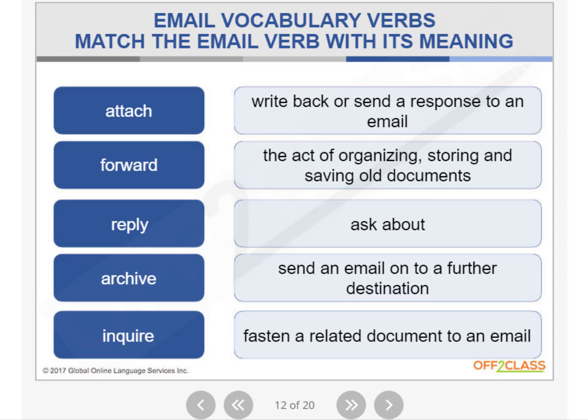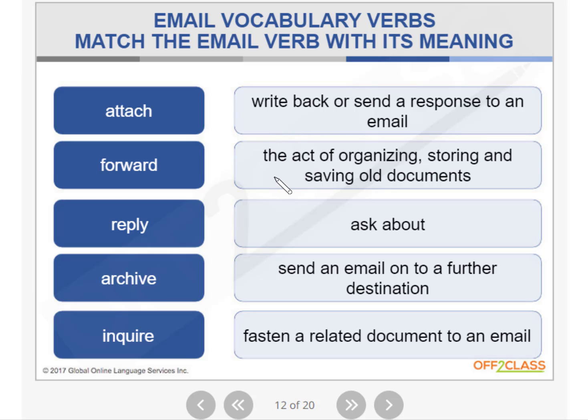Okay, so next I wanted to cover email vocabulary verbs. What I'd like you to do is look at these vocabulary words and match them with the proper meaning. So attach, forward, reply, archive, and acquire. I'd like you to tell me what these different words mean. So attach, does that mean write back or send a response to an email?